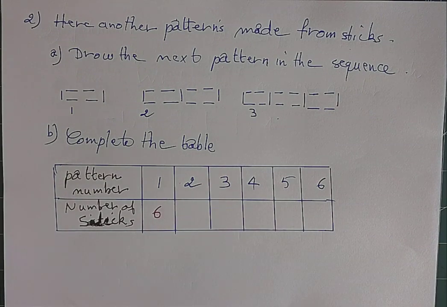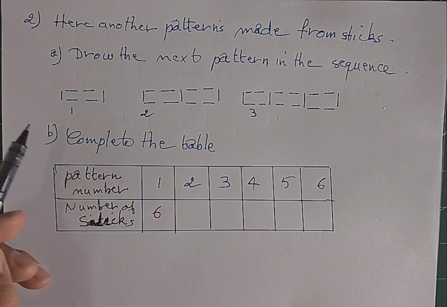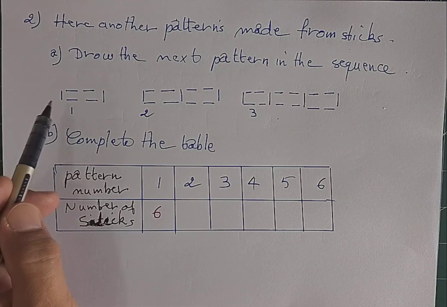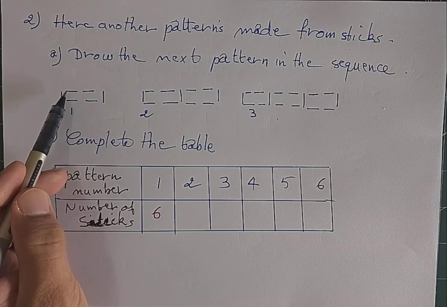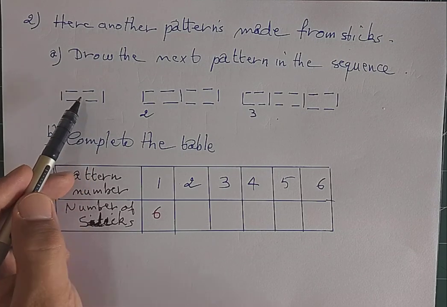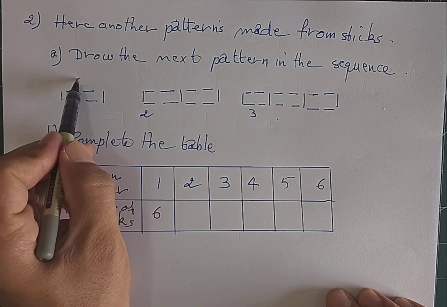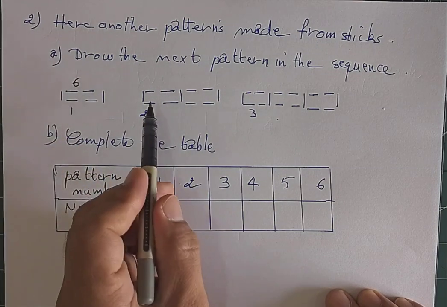Let's move to the next one, where there are other patterns made from sticks. Draw the next pattern in the sequence. If you focus and count the number of sticks, we have 6 here.